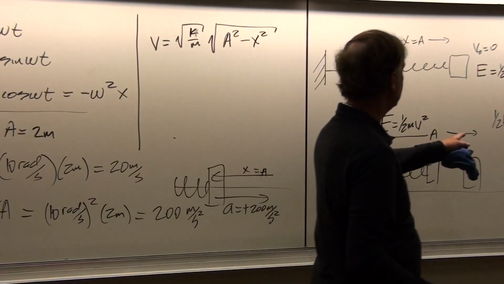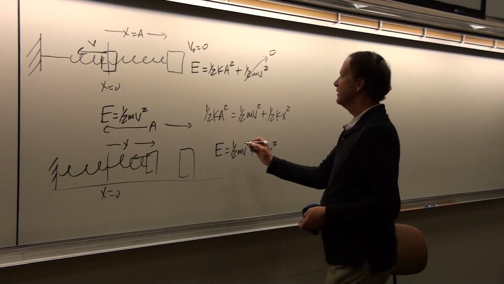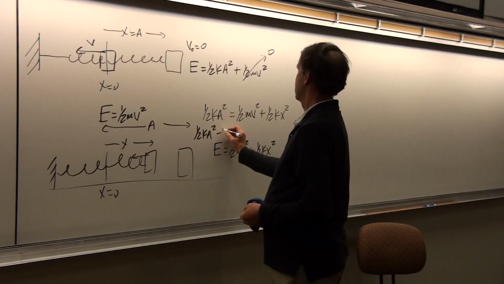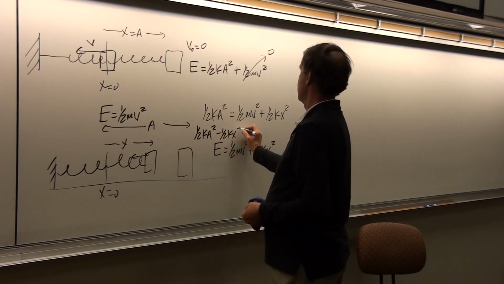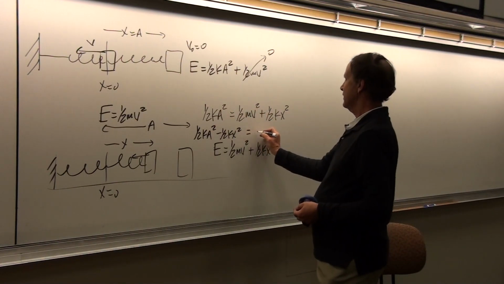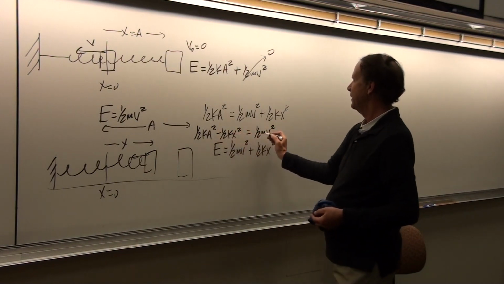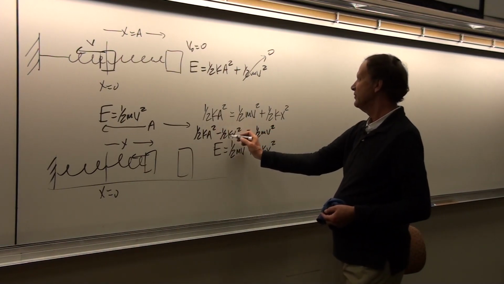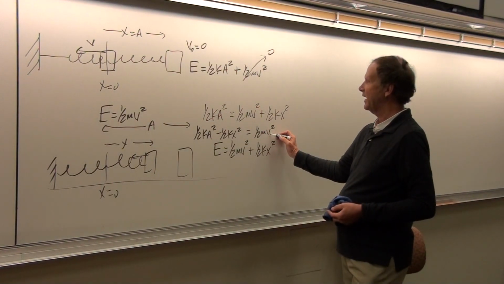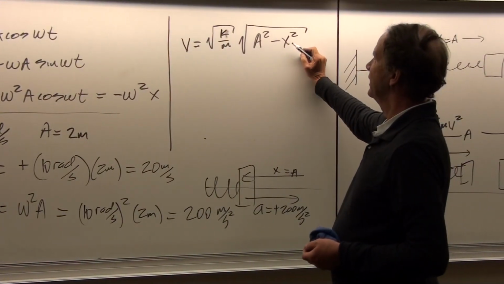Okay, so all I've done here then is I've taken the 1/2 kx squared, I brought it over to the left, and I factored out the 1/2 k. The 1/2s cancel out all the way through, and then I've divided through by m. So there we have k over m times a squared minus x squared, and I take the square root of that. That gives us the square root of k over m times the square root of a squared minus x squared.